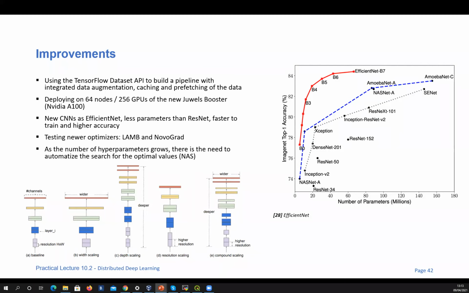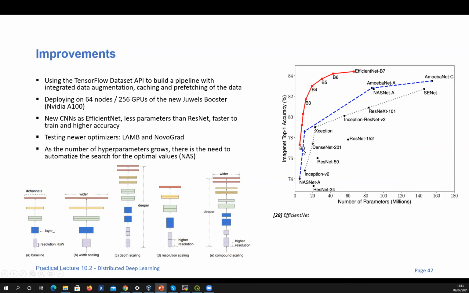So ResNet 50 has now been around for 6 years, and a new model that is, I would say, replacing it is called EfficientNet, which, as you can see from the figure here on the right, is using much fewer parameters than the ResNets.